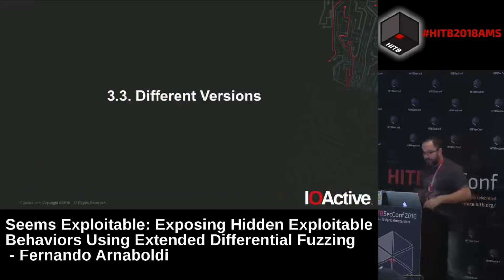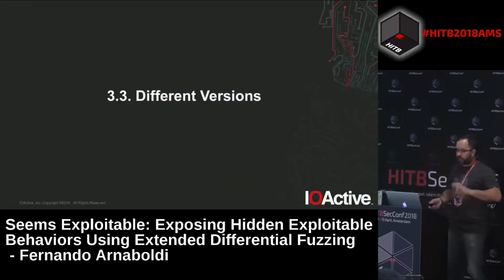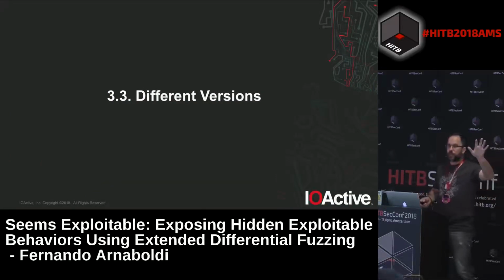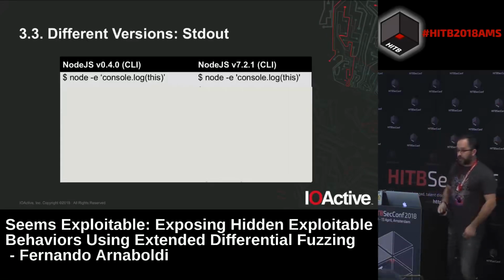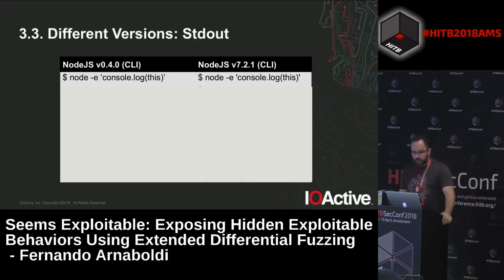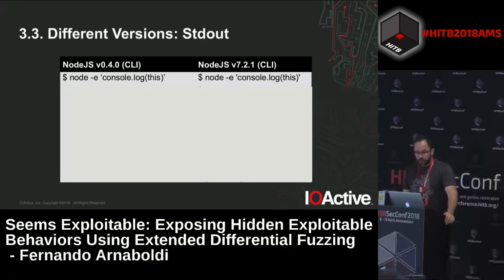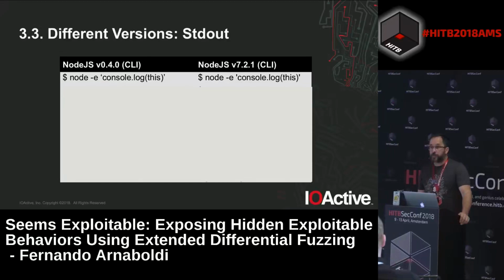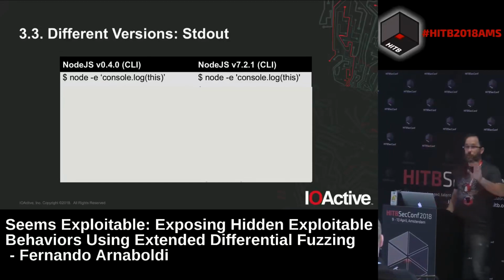Let's move on to different versions. So we talked about different implementations, that means different pieces of software from different companies. Now we're talking about different versions of the same piece of software. Again, Node helps us with this when we're talking about writing the output of this. If you remember, when we were using the command line, it was outputting the user and so on.